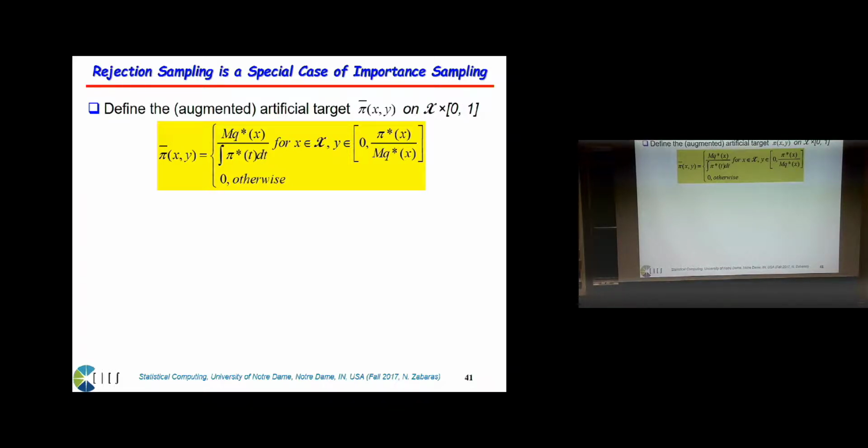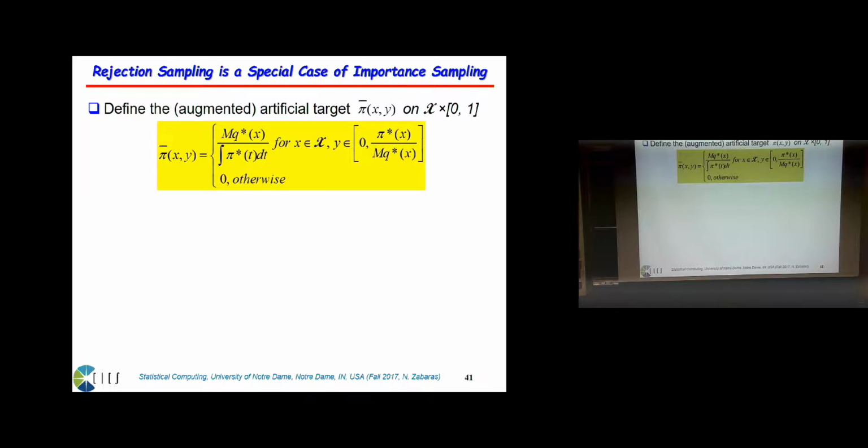By augmenting, if you want to sample from x, you enlarge the space to x and y, where y takes values from the interval 0 to 1, not 0 or 1. This will remind you of the accept-reject probability.